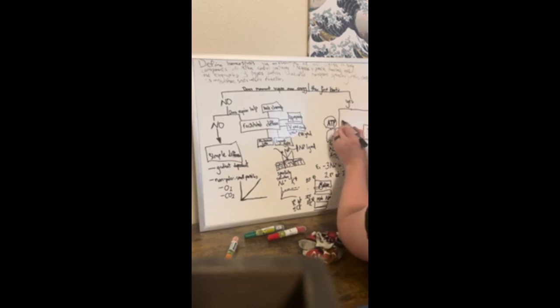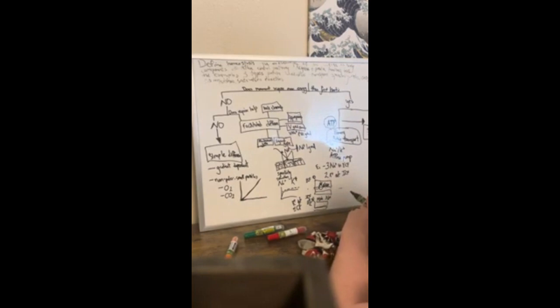Secondary active transport will hijack energy off of the reactions from primary active transport. With secondary active transport, we start seeing the movement of the ions in two different ways.